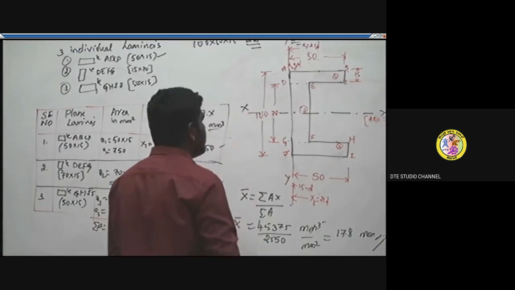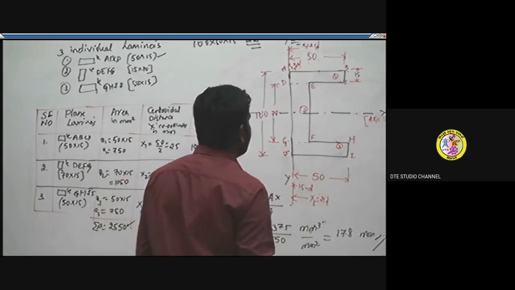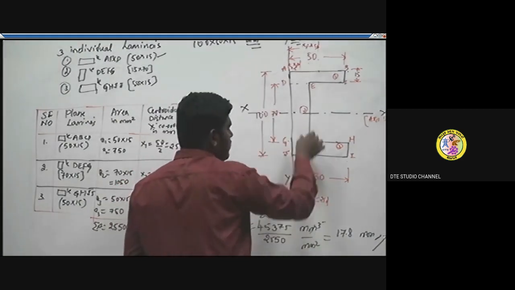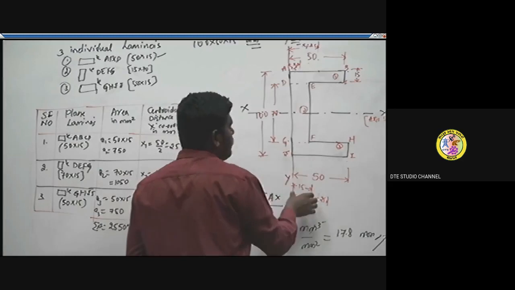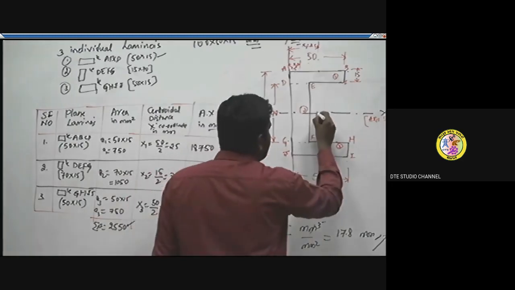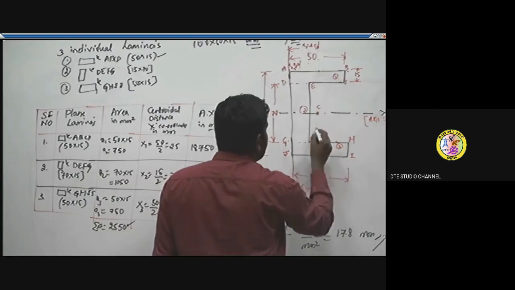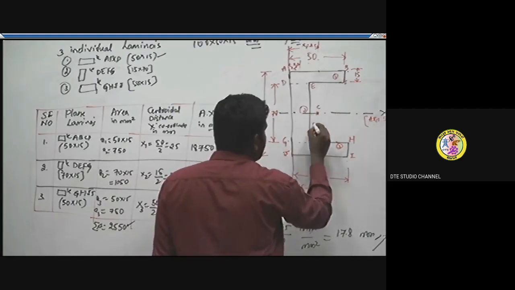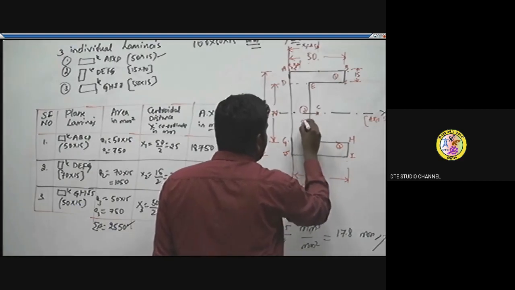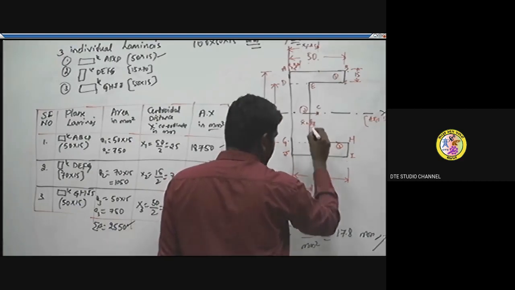Now locate 17.8. This is the breadth of this channel section, and 15 is there, just above this, somewhere here. Take this as C. From the reference line, x bar is equal to 17.8.